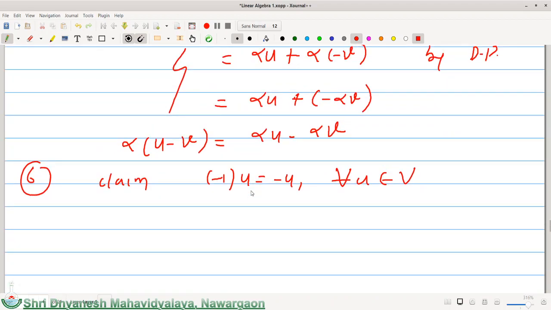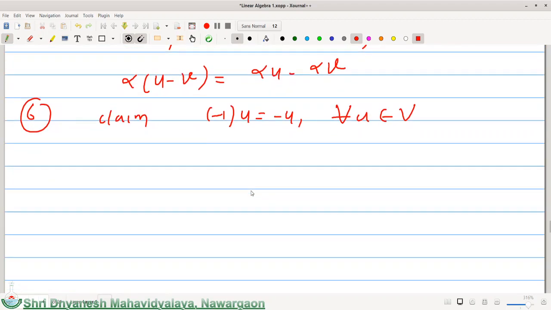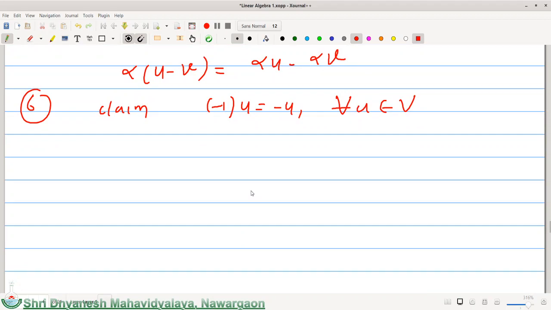Or if the question is asked without asking that number 3, then you have to prove this manually. So we'll prove this manually, like we have proved number 3.